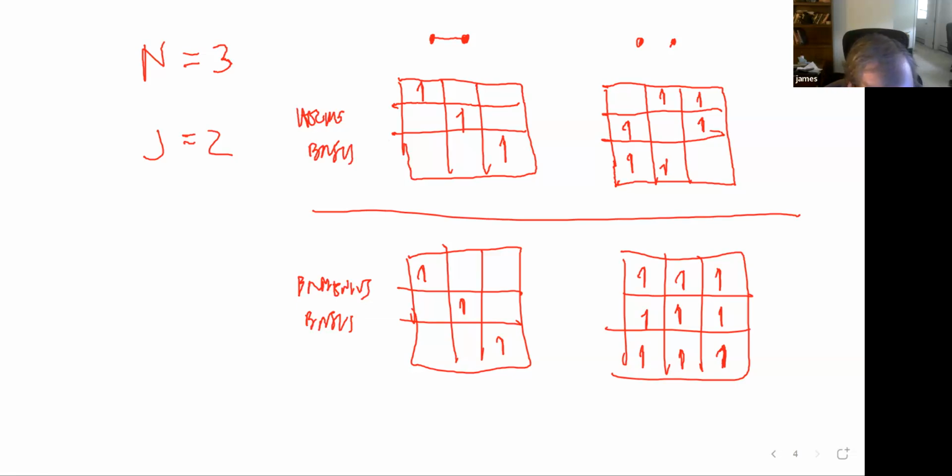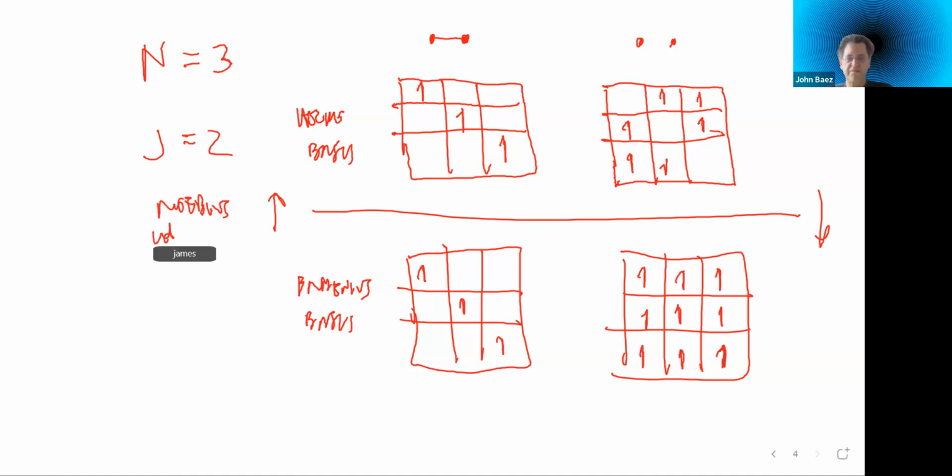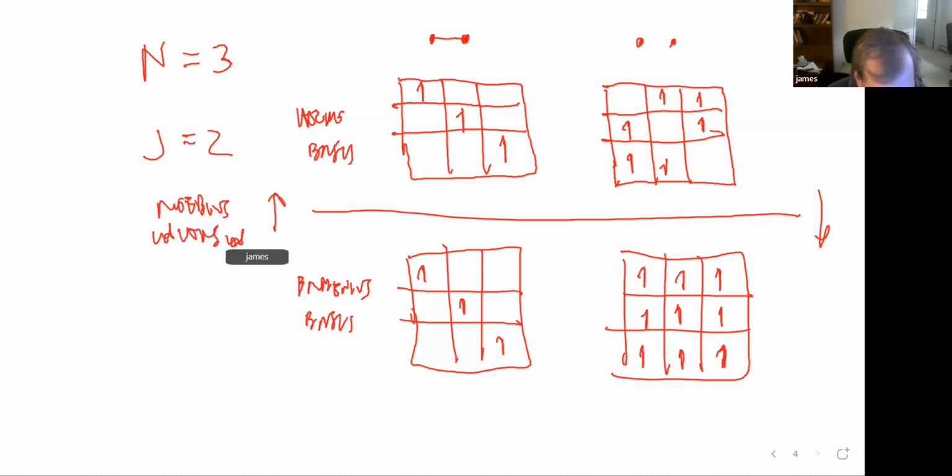So which direction is the Möbius inversion and which direction is the Möbius exversion? So I guess this is the Möbius exversion, and this is the Möbius inversion. Yep, I believe it. So it works like that.